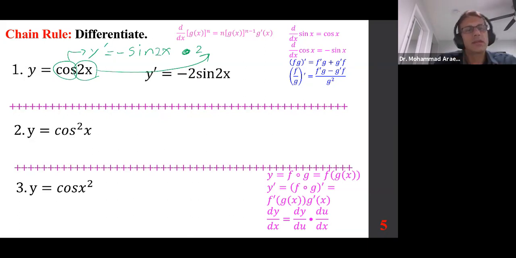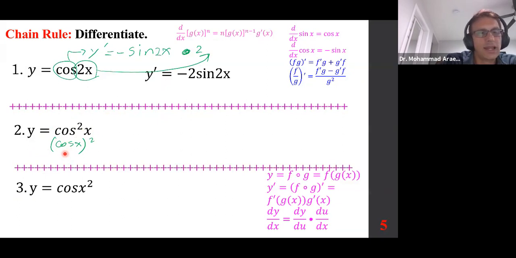This one, perhaps if we write it as cosine to the second power, now we use the extended power rule. n, or 2, sits in front. Cosine to the power of n minus 1, or simply 1. And then g prime of x, this is g, right? The derivative of cosine, which is negative sine.